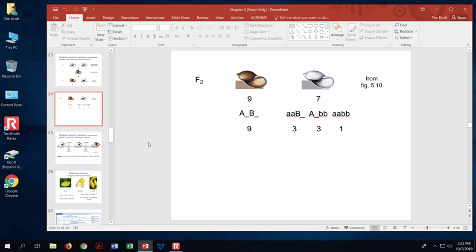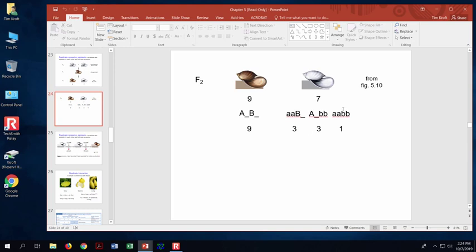And so you can tell then that being homozygous recessive for little a is epistatic to B. So no matter what you have for the B gene, you're going to be no color if you're homozygous recessive for little a. And little b does the same thing.